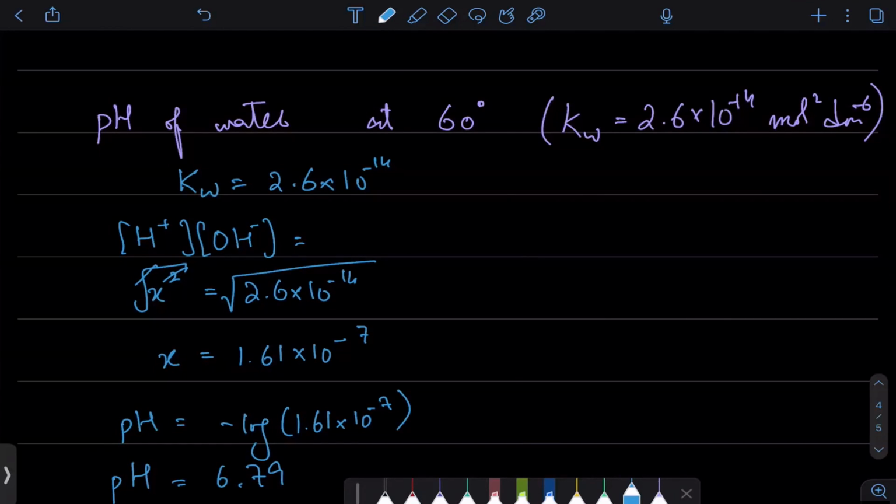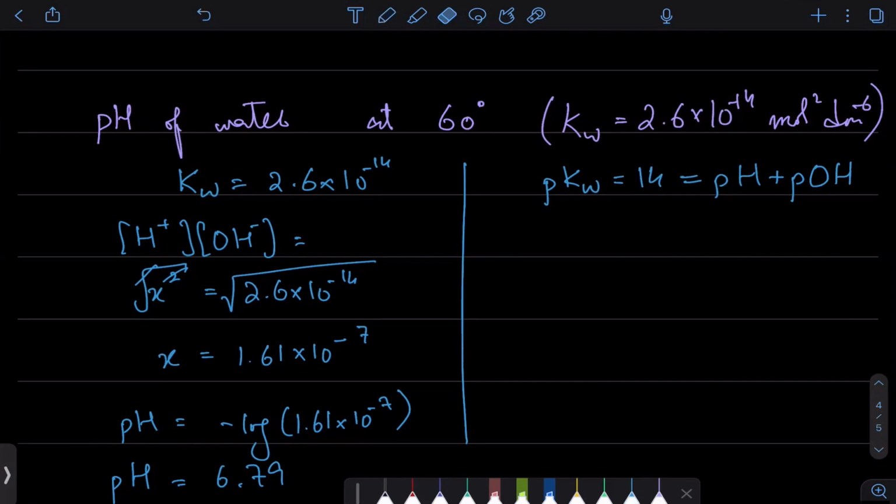The other option that we had of figuring out the pH is, you know that pKw is 14 and that is pH plus pOH. But right now your pKw is not 14. So first calculate pKw. That's going to be minus log of this answer. And then pH and pOH are the same.